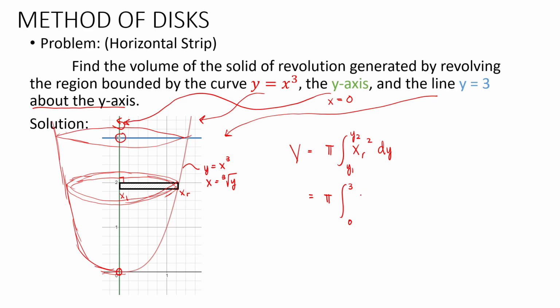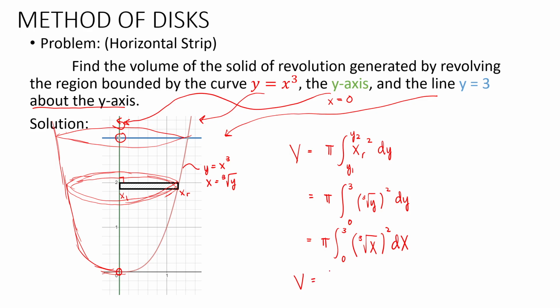So from 0 to 3, and then this one is cube root of y squared, dy. Again, your calculator is not going to accept y variables, the default variable is x. So upon inputting in the calculator, this is alpha x squared and then dx.